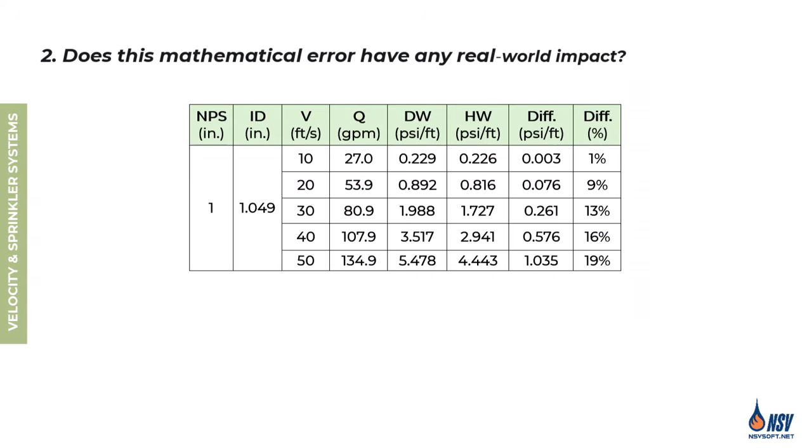You might be thinking, sure, but if that pipe is 100 feet long, that error multiplies into a massive 103 pounds per square inch difference. Mathematically, that's true, but in the real world, this situation simply cannot occur.